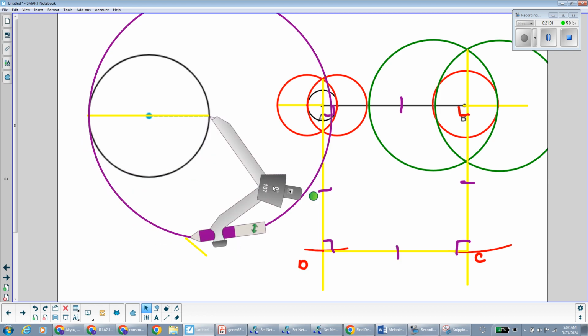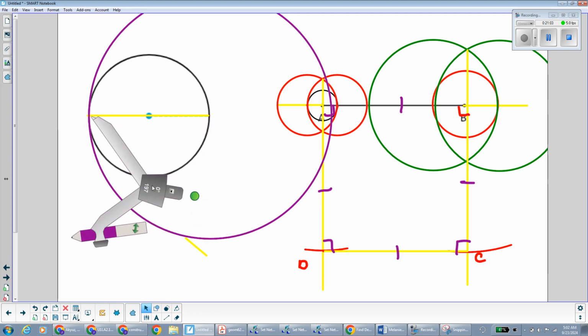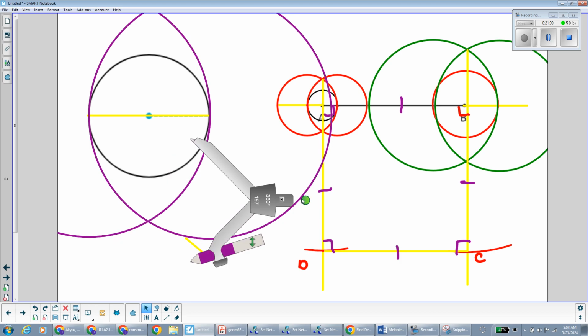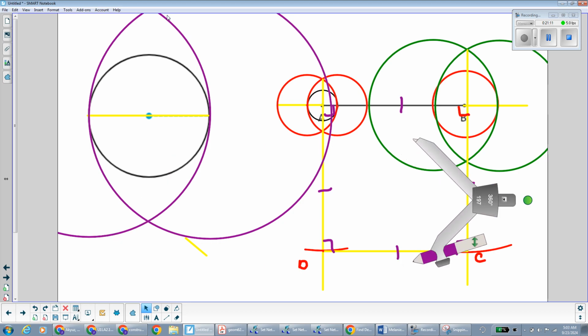Then, without changing the radius on my compass, I'm going to go over to the other endpoint and make the same circle. Notice how there's an intersection below and above. Right through those two intersection points, I'm going to make my perpendicular bisector.